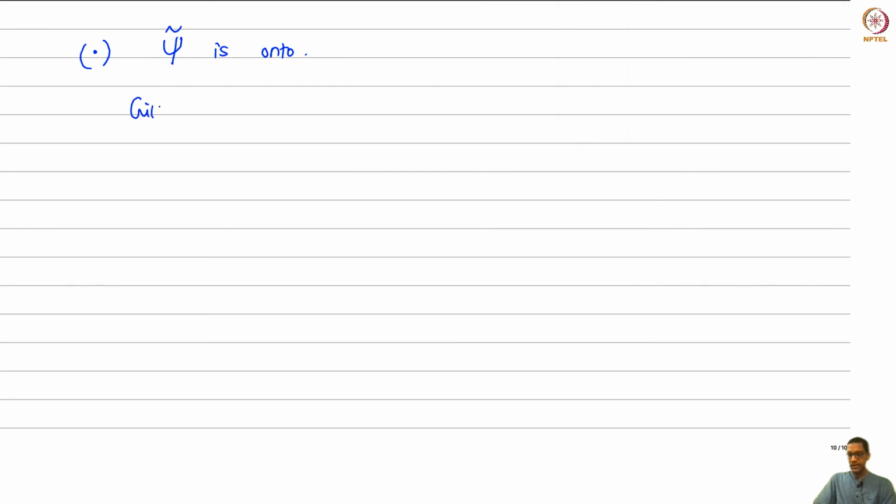So given any T, what does T look like? T acts on V, it gives you some vector in W, and let's fix a basis of W, like we did before.